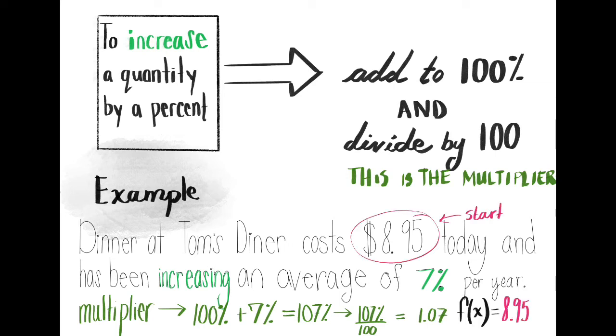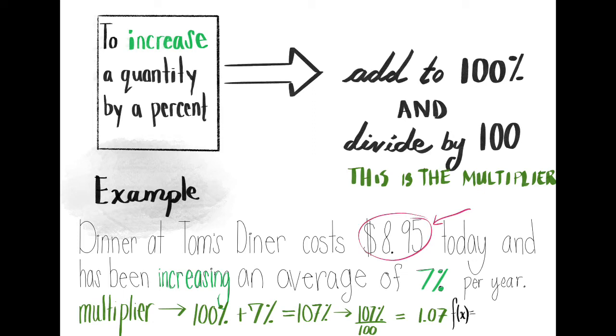And then remember that the equation needs a starting point, which would be the $8.95 that it costs today. So $8.95 times my 1.07 to the power of x. And that would be the function that describes this growth. Okay, now that's for an increase.